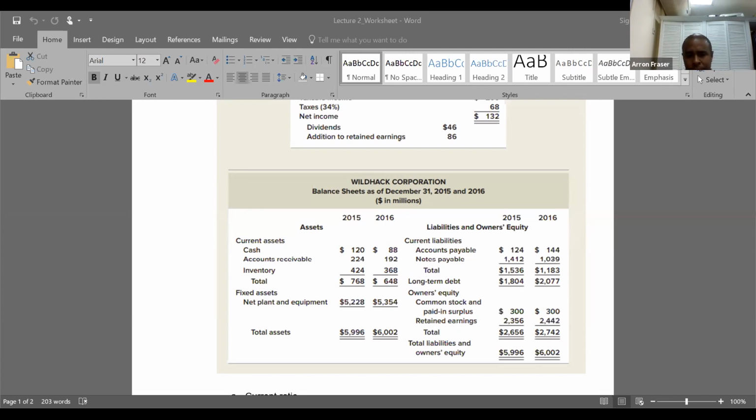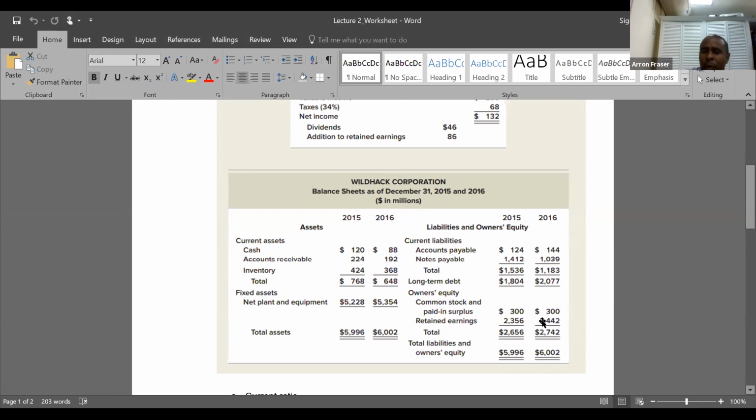Total equity was $2,742, and that is made up of two figures: common stock and paid in surplus of 300 and retained earnings of 2,442.